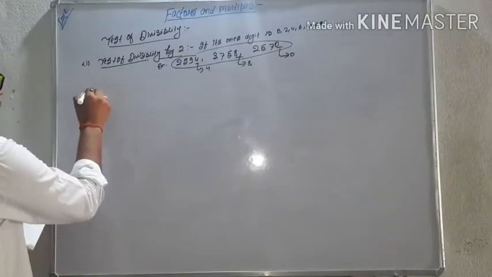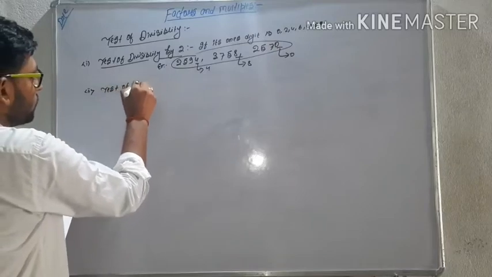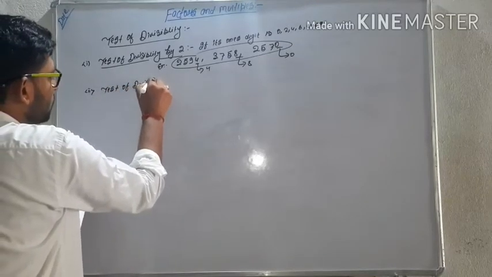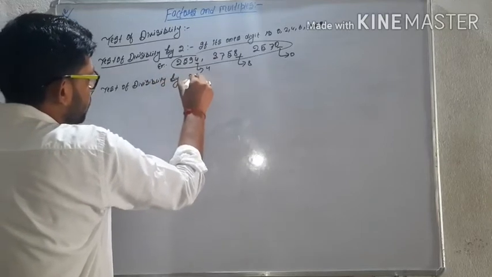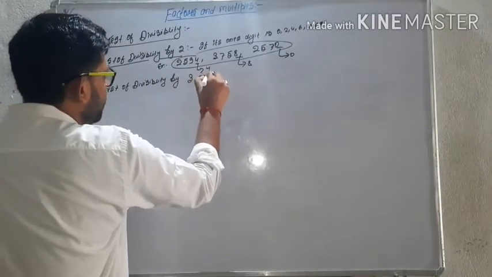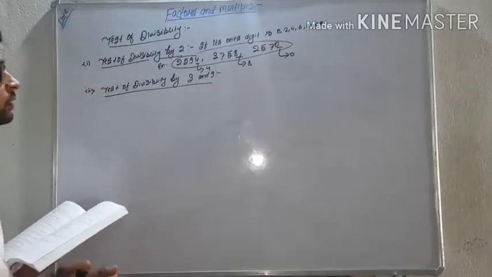Now, divisibility by 3 and 9, because 3 and 9 have this in common.